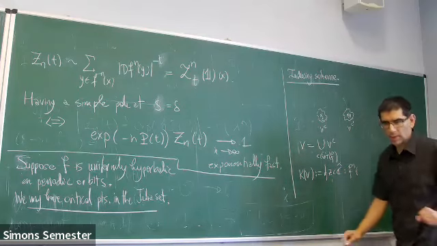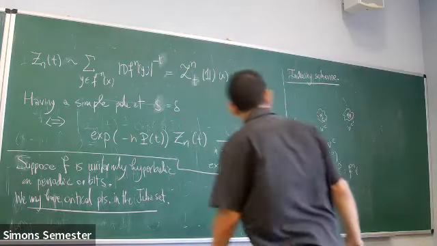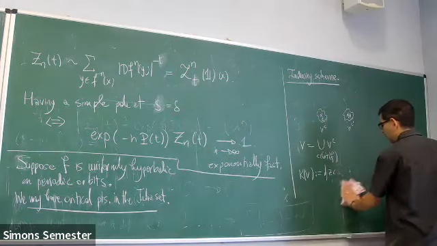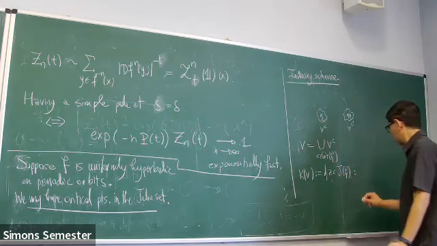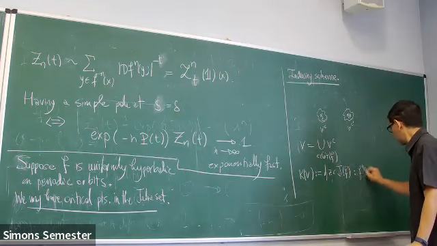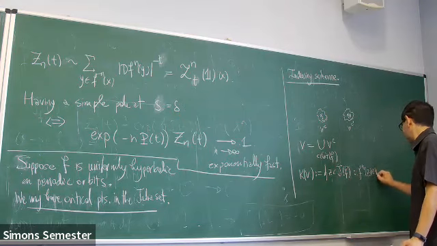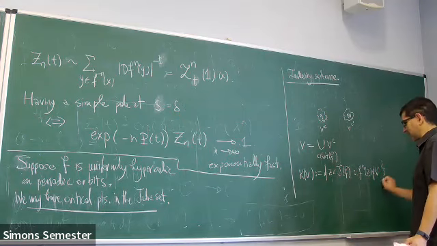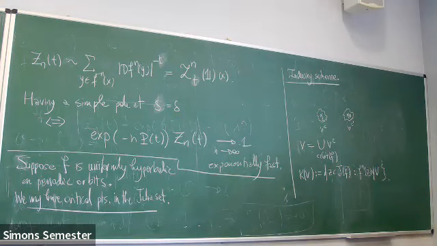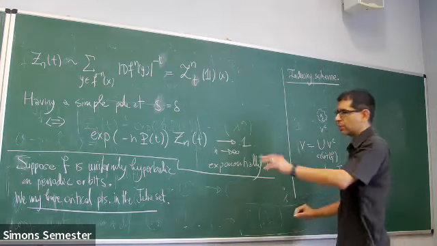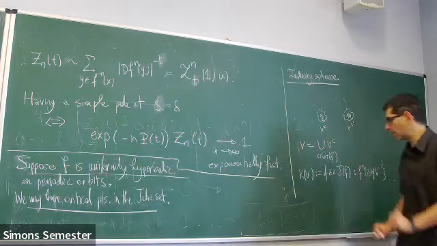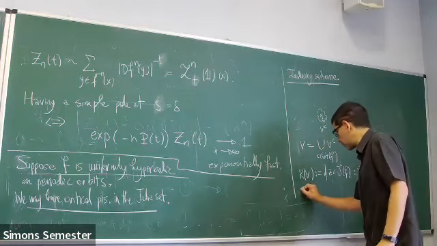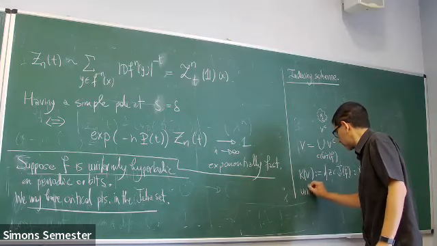So maybe points in the Julia set that never enter this neighborhood B. And at least under this assumption, in good cases, it's a uniformly expanding set.